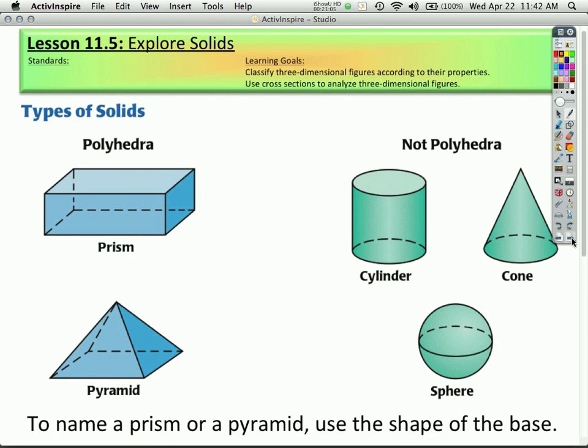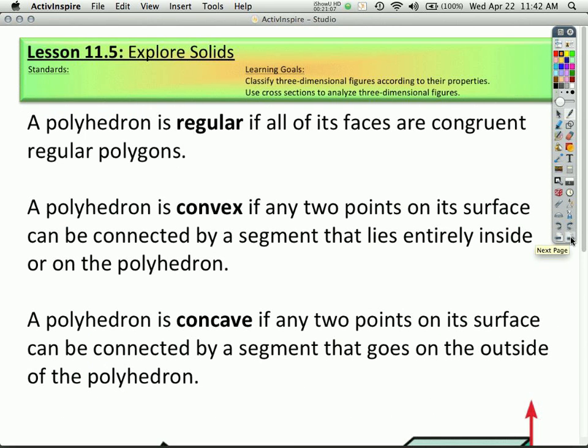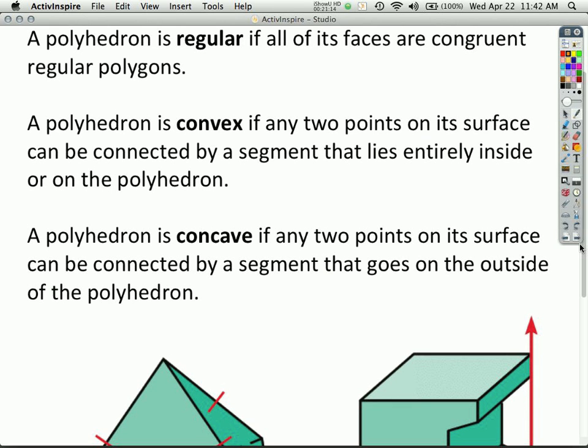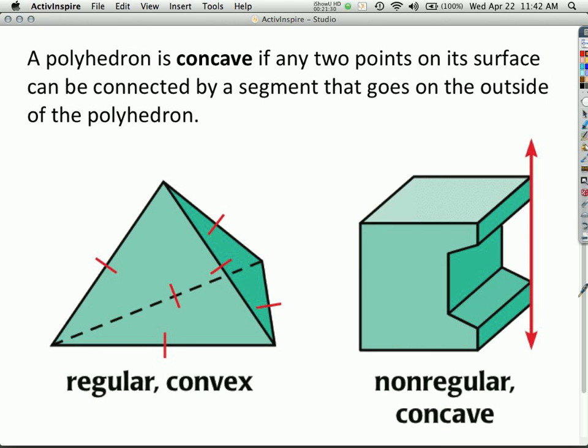Any concerns? All right. So now, regular, convex, and concave. Regular has the same meaning that it always has had. It means all the distances are the same. In this case, all the faces are the same. They're all congruent. A polyhedron is convex if it's like this. It's concave if it's like this. This one is also regular because all of the faces are the same.